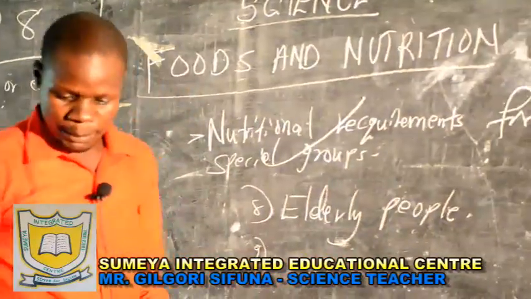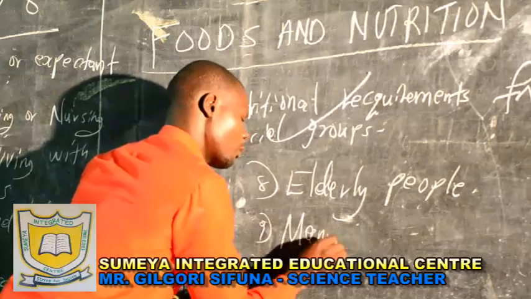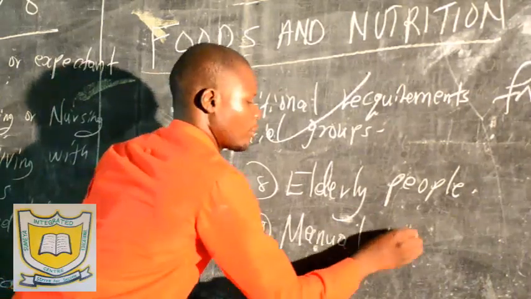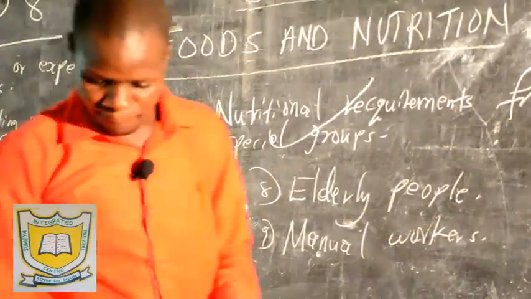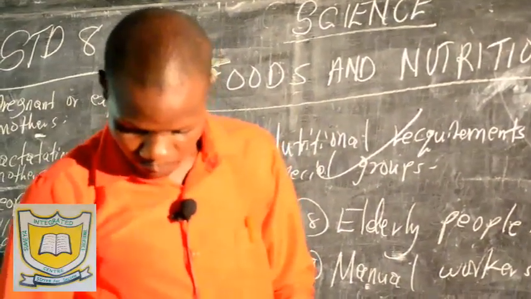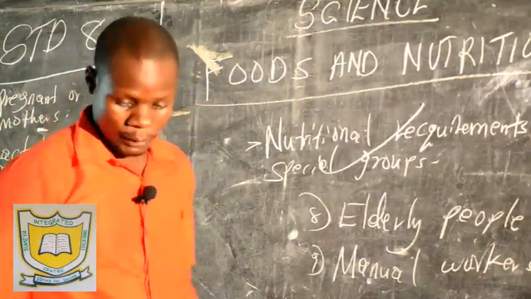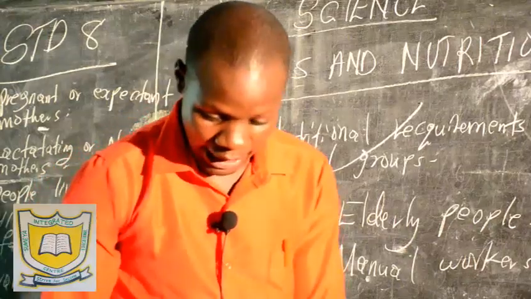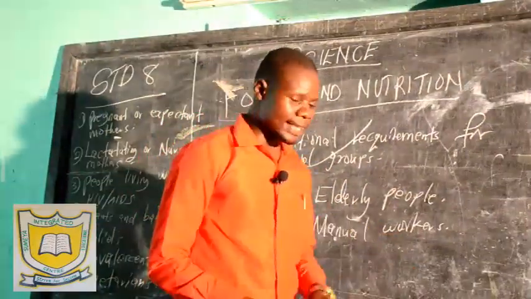We have manual workers. Okay, those I think are some of the special groups I want to discuss. Then from there we will move on. What are the special nutrients they need?